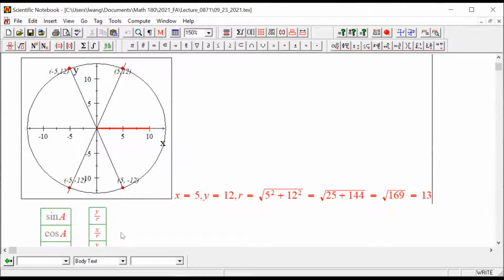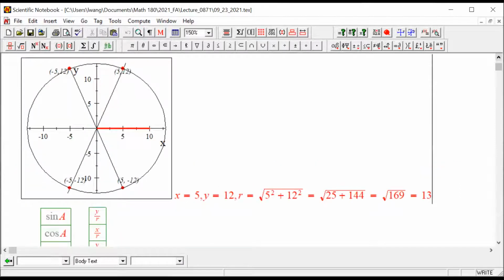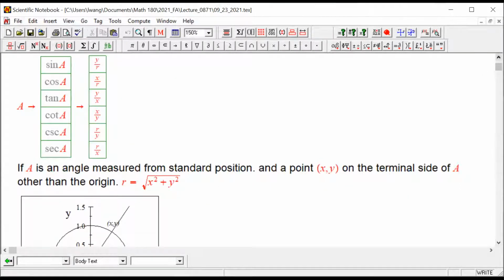So we have x, we have y, we have r. Let's do it together: x equals 5, y equals 12, r equals 13.